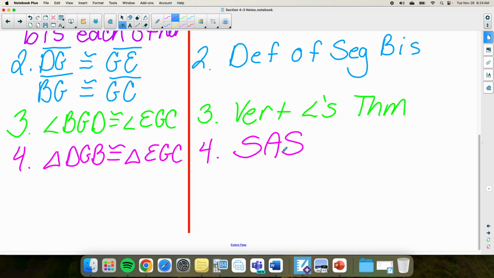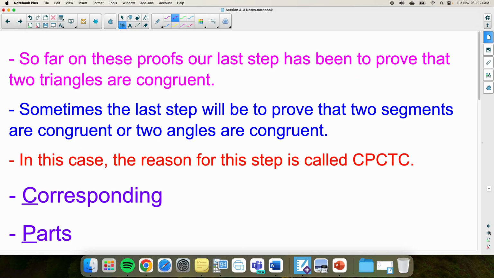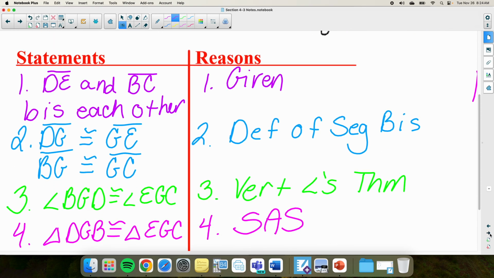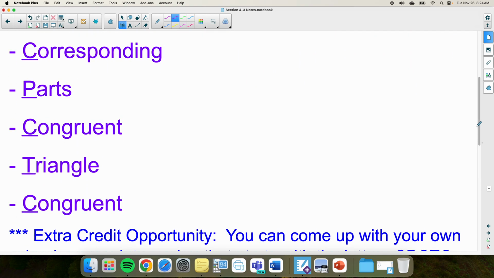Okay? So now we're gonna look at what that extra step is. If you look at the proof we just did and everything we did so far this section, we were always trying to prove two triangles congruent, okay? There are proofs that are gonna be coming up and what's on your homework today where they're not just asking you to prove the two triangles congruent, you still have to show the two triangles are congruent.